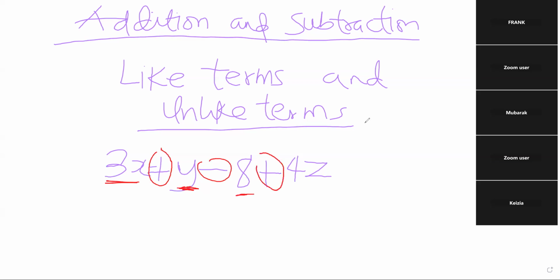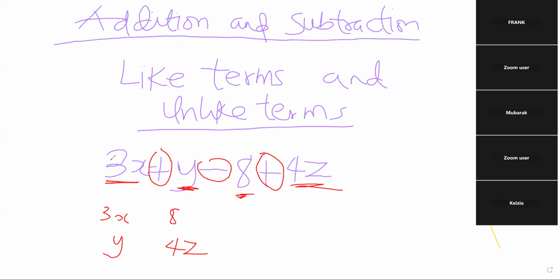There is also an addition sign which tells that 8 is a different term from the 4z. So the addition, the subtraction, and the addition signs here are dividing our algebraic expression into terms, where the first term is 3x, the second term is y, the third term is 8, and the fourth term is 4z. So these are the four terms of this algebraic expression.